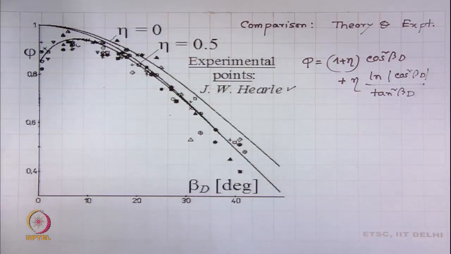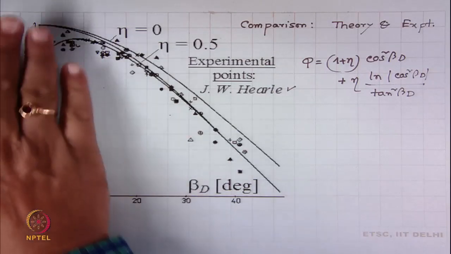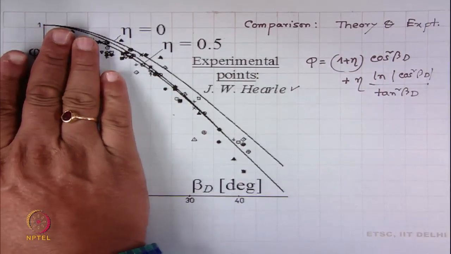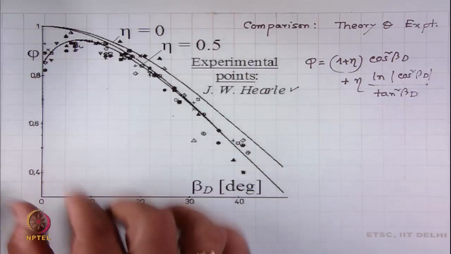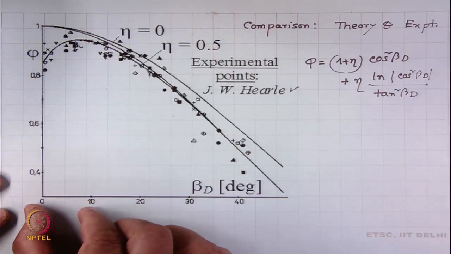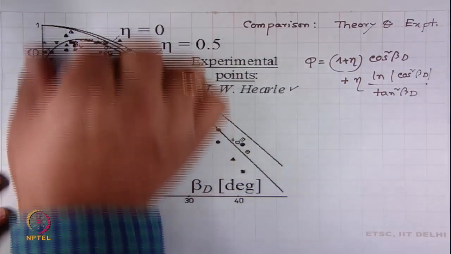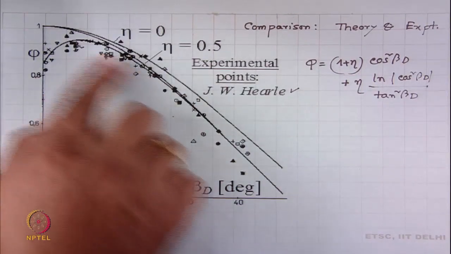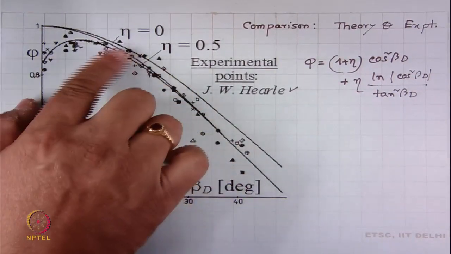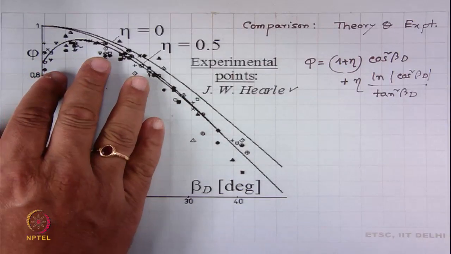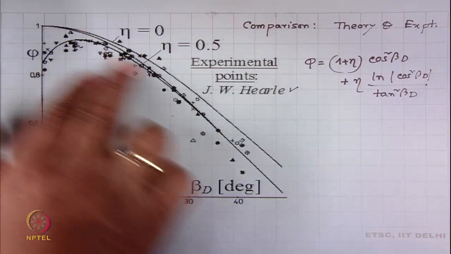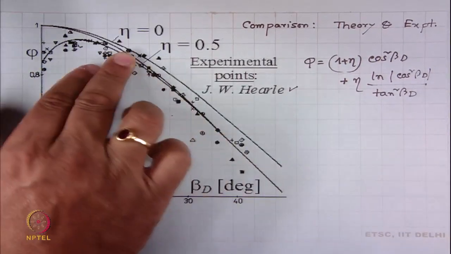What we see is that from this region onwards, except from 0 to 10 degree surface twist angle, all the experimental results are tending to fall onto the theoretical line.